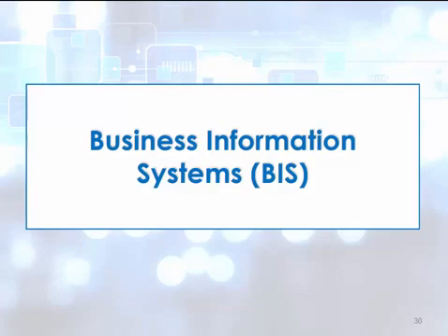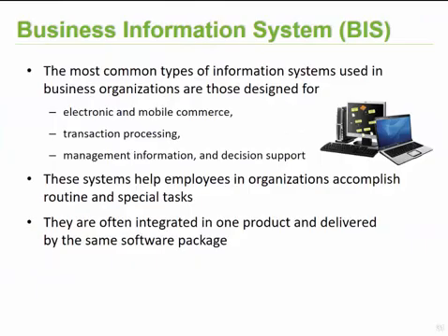Business information systems. In this section, we're going to look at typical systems that we find within organizations and how they assist organizations in achieving specific goals or performing more specified actions. Now, what is a business information system?